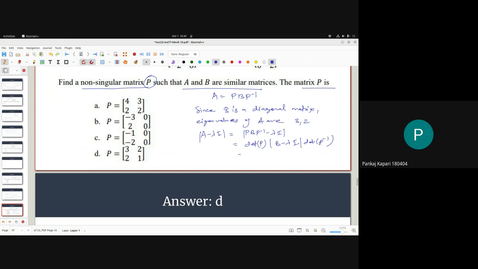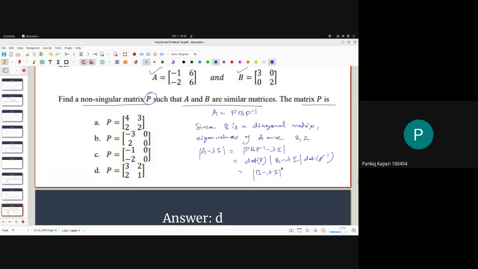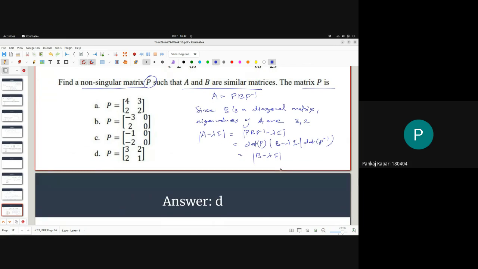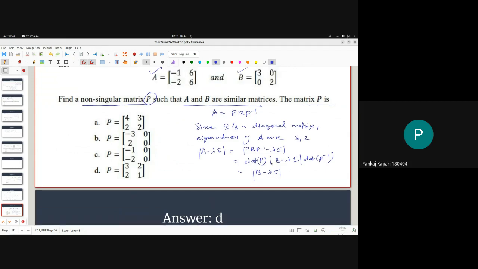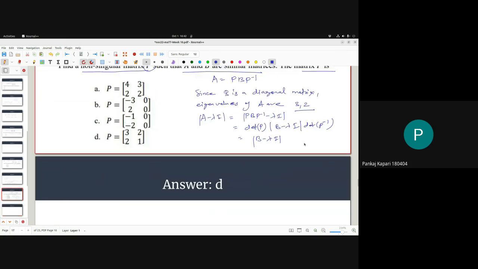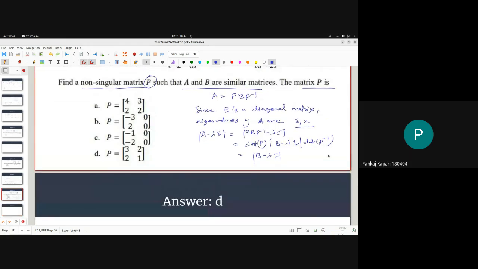This is simply determinant of B minus lambda I, and the roots of that equation are just 2 and 3. So A and B have the same eigenvalues. So we already know the eigenvalues of matrix A. They are 3, 2. Now we have to find the matrix P. For finding matrix P, we have to find the eigenvectors with respect to 3 and 2.